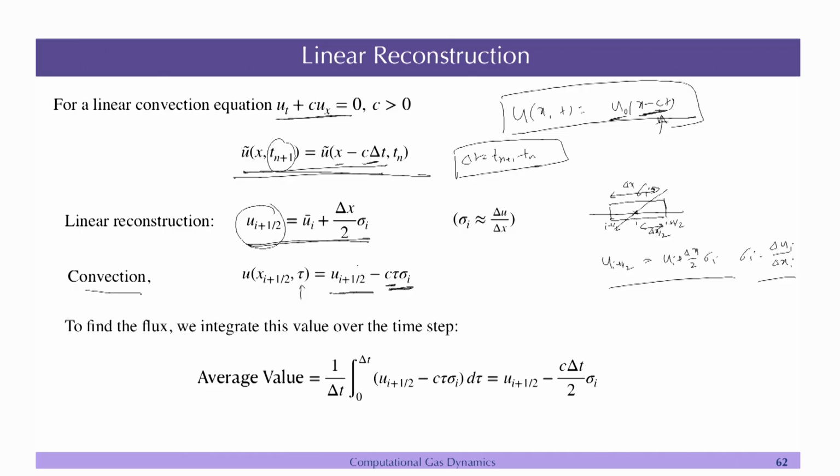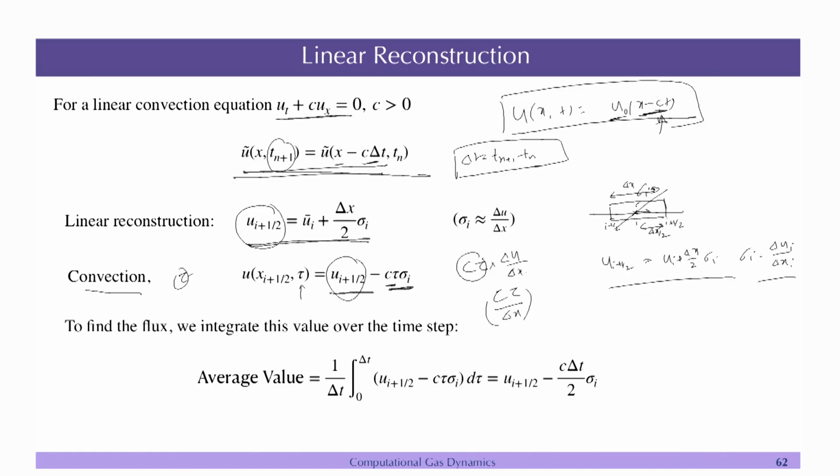So, this is my initial value, and then you have c and tau, and since there is a variation in u, you will have something called delta u by delta x. c tau is the time that has passed, because tau is the time step that we are taking, and c tau by delta x is the fraction of cell volume that has moved.